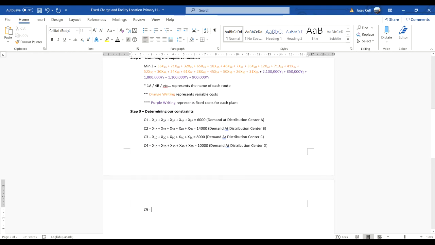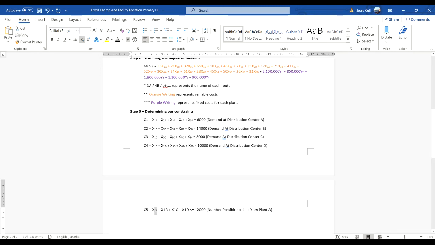So we're going to represent that by saying X1A plus X1B plus X1C plus X1D must be less than or equal to 12,000. This is the number possible to ship from plant 1.